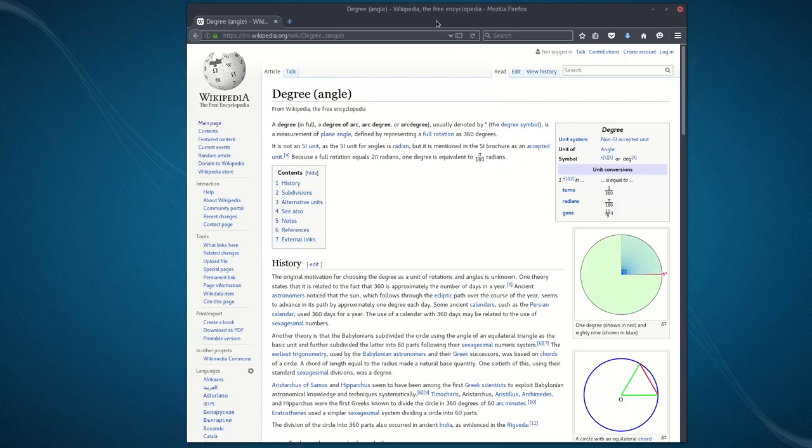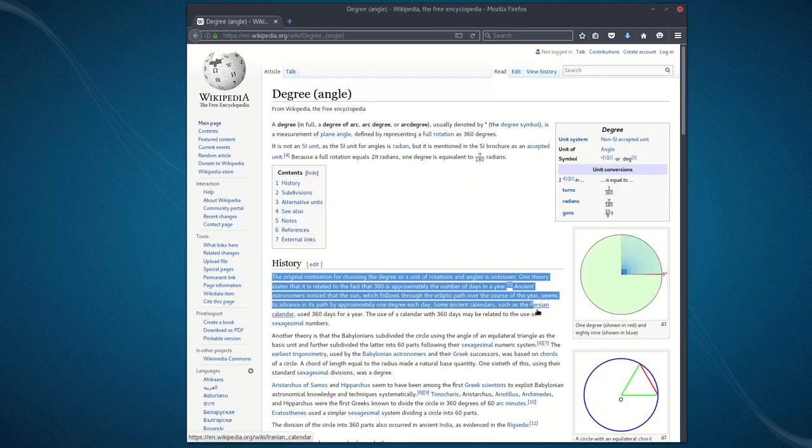So let's see what the Ministry of Truth website has to say about why a circle has 360 degrees. Let's highlight this here so you can know what I'm talking about. "The original motivation for choosing the degree as a unit of rotations and angles is unknown. One theory states that it is related to the fact that 360 is approximate number of days in a year.